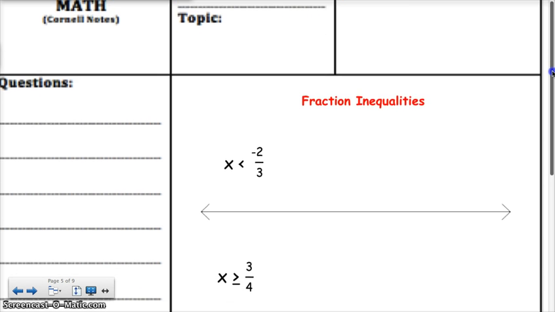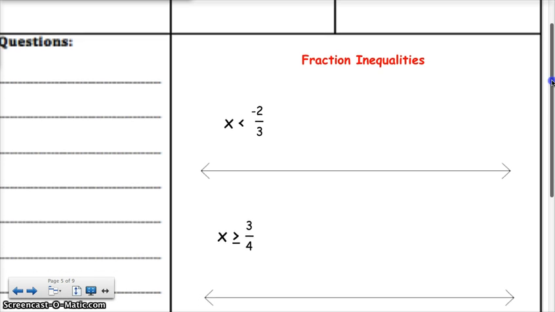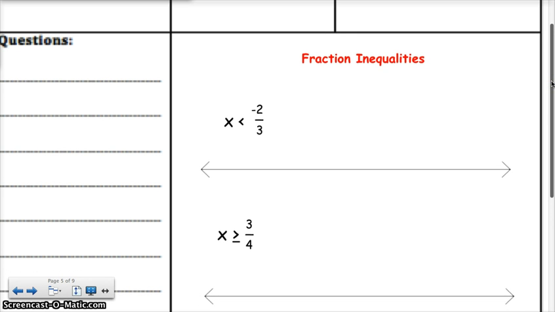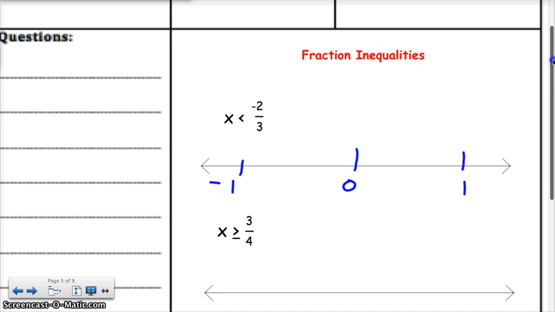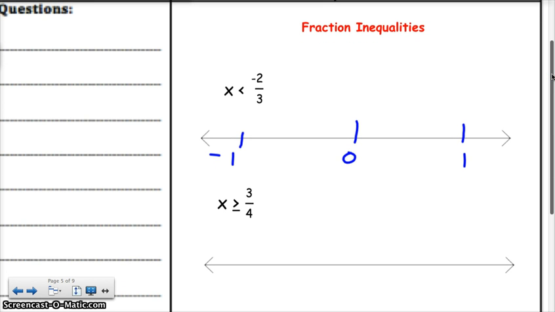All right, now you're going to graph fraction inequalities. So if I get x is less than negative 2/3, the first thing I'm going to do is make a number line. And I know that I'm in between 1 and negative 1, so I'm just going to make that my scale. I'm almost to negative 1.